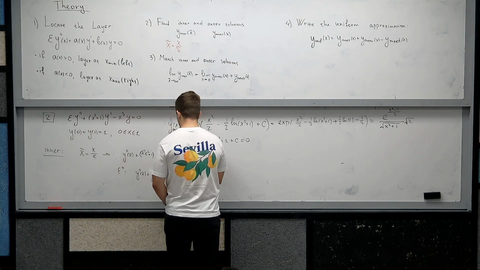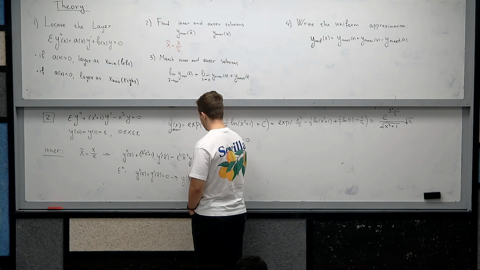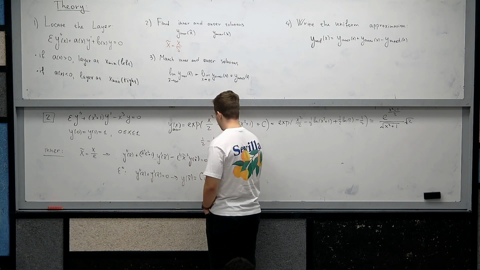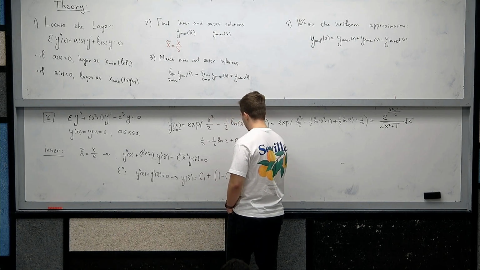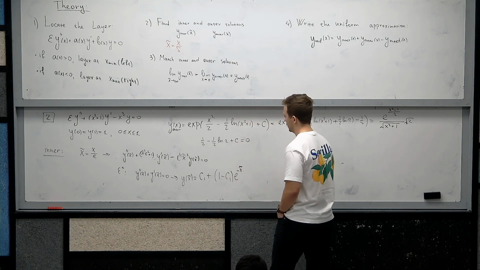Therefore, we can just copy the last result. So y of x tilde is c1 plus 1 minus c1 times e to the minus x tilde. That's the inner solution.